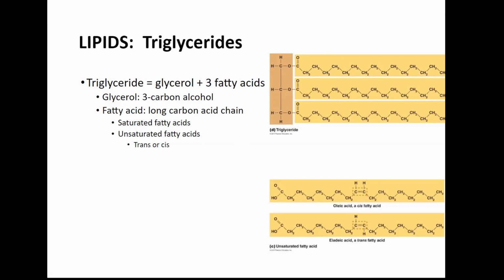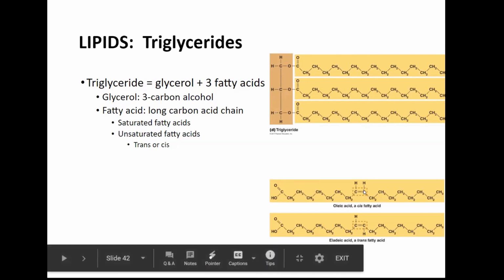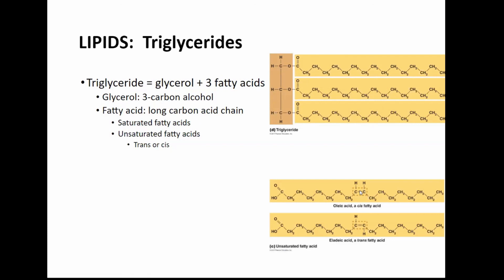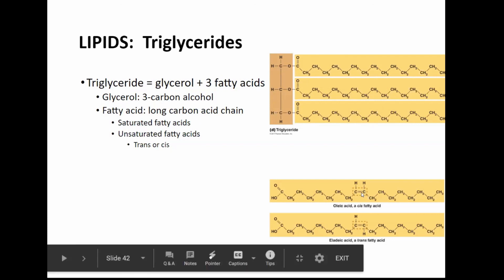So we have saturated and unsaturated fatty acids. When we say saturated, in normal English, that means kind of full of something. What these fatty acid chains are full of is hydrogen. So we have the maximum amount of hydrogen that fatty acid chain can hold. They're saturated with hydrogen. But if we have a double bond in our fatty acid chain, we are now going to have not so many hydrogens because the double bond has taken up bonding space.